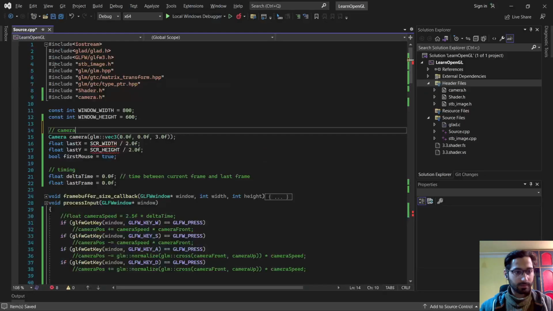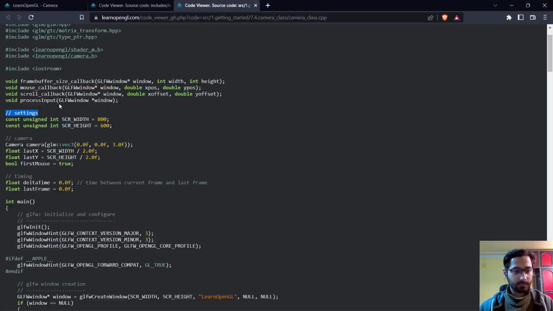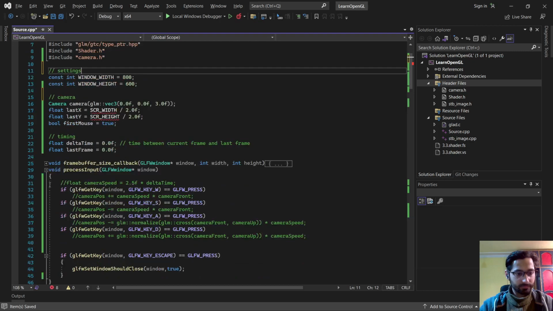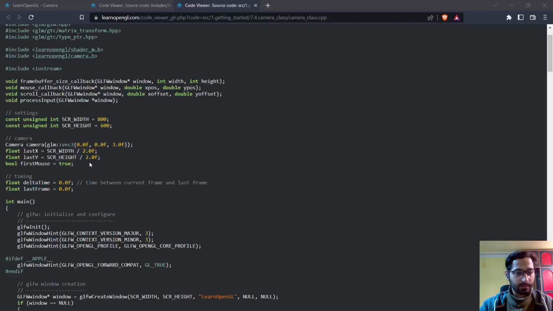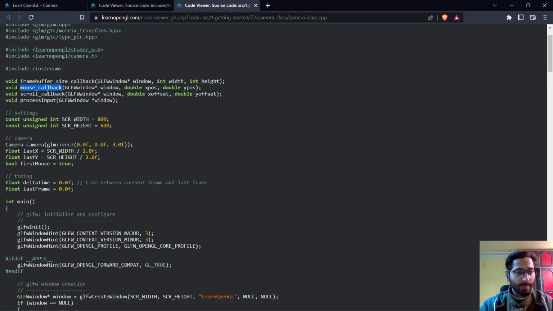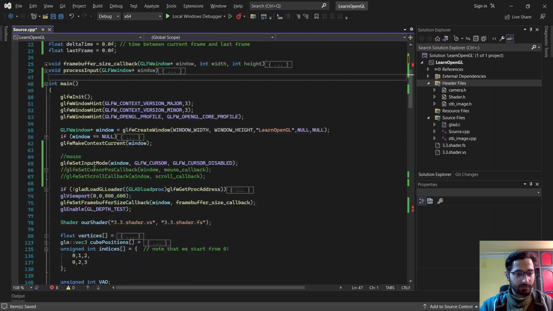Okay, it's a lot better commented. Okay, what callbacks do we have? Frame buffer size callback. I already have that. We have the mouse callback, scroll callback. Okay.